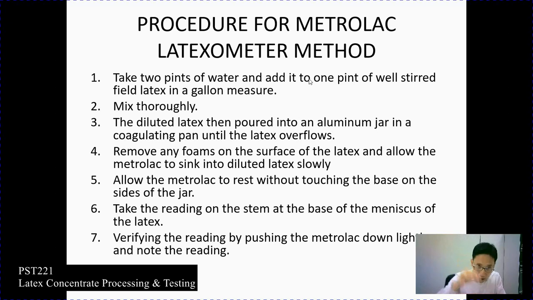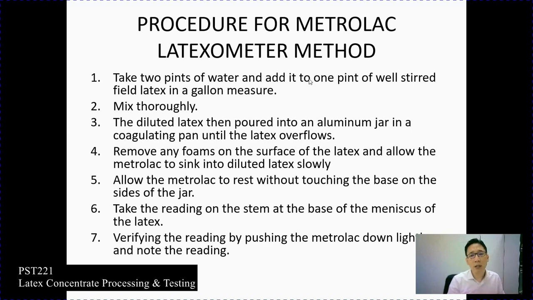You allow it to sink. Okay, allow it to rest without touching the base or the sides of the jar, so you can adjust your Metrolac so that it will not be standing on the sides of your jar. Make sure it is either at the center or at least not resting on your jar.